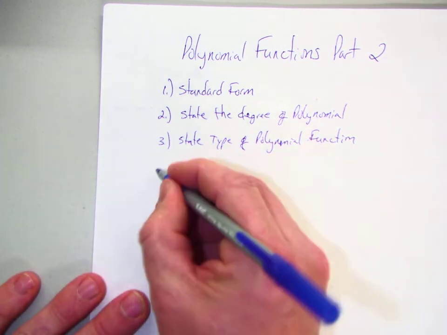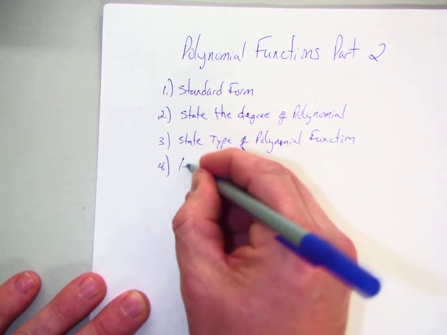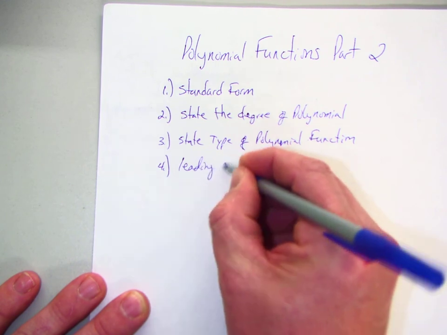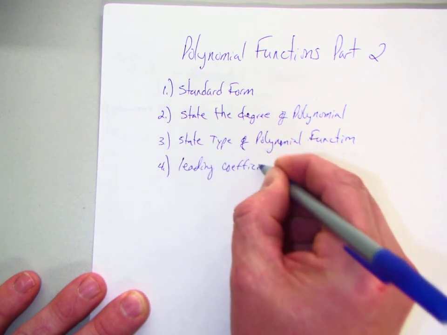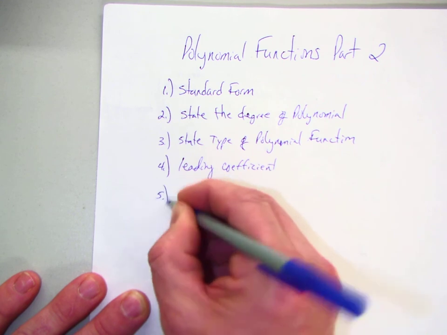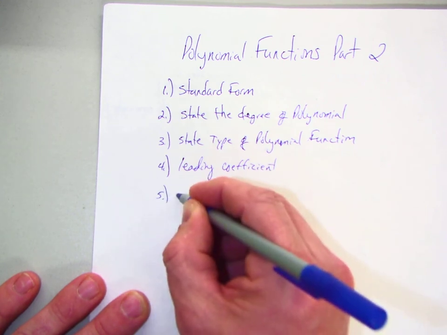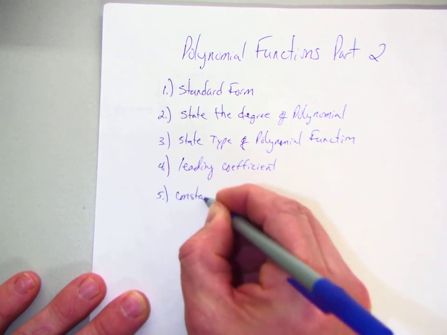Then the fourth, you're going to give me the leading coefficient. And then the last step is state the constant, if there is one.